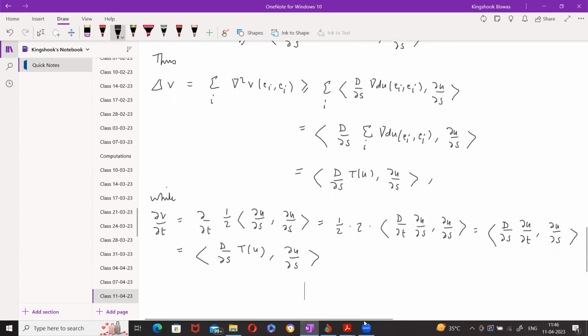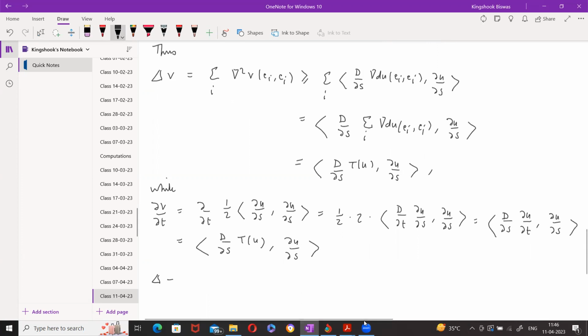So that means that the Laplacian minus del t applied to V is greater than or equal to this inner product d del s tau u, inner product del u del s, minus the same inner product d del s tau u, del u del s, which is 0.